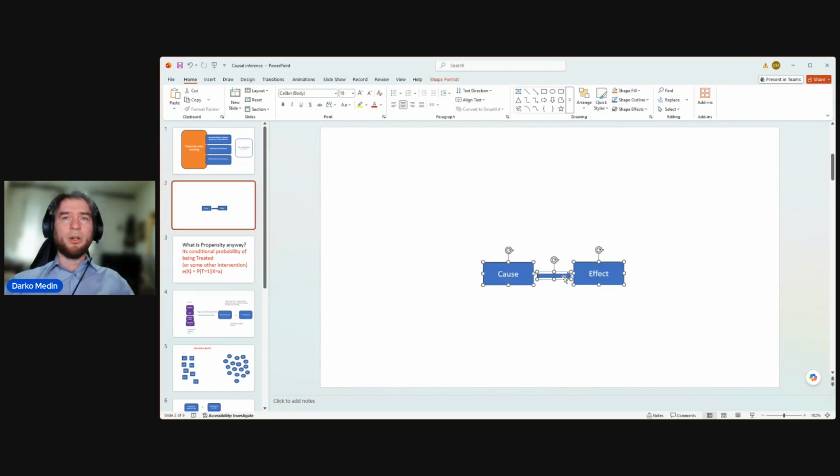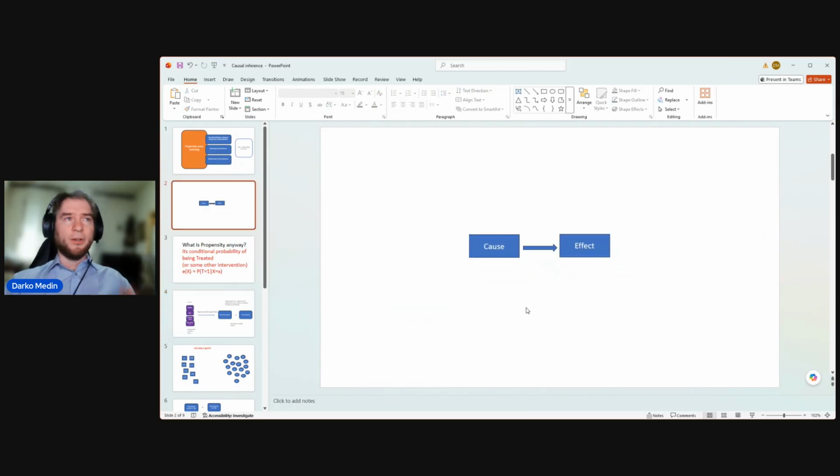So let's just start with a clean starting point, a clean slate for causal inference, the most obvious paradigm where we have the cause and effect. So we have the cause, we have the arrow that goes to the effect. It's kind of a well-known, well-established causal paradigm, even though it doesn't always have to be like that. But let's start with it for now.